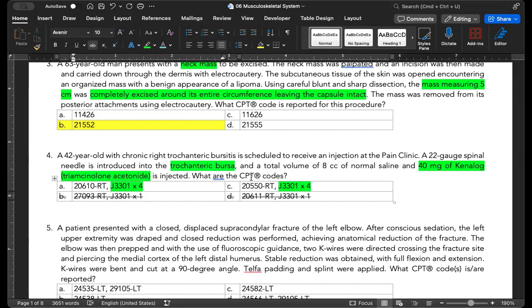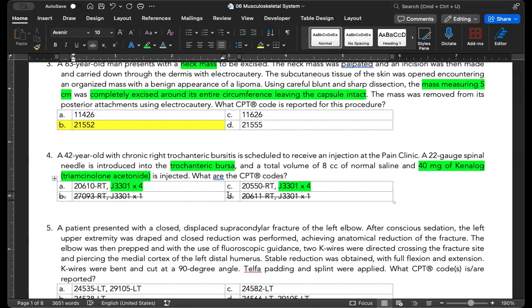Let's go look at the 20550 just for S's and G's and make sure that we are paying attention to the differences, because they may be ordered differently, and you may look at the 20550 first instead of the 20610. So the 20550 code description is for an injection of a single tendon sheath or ligament aponeurosis.